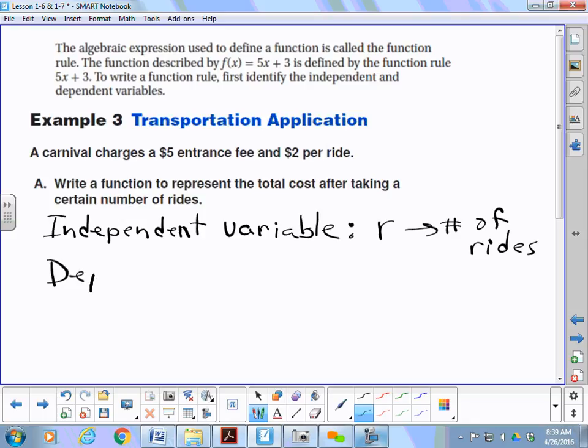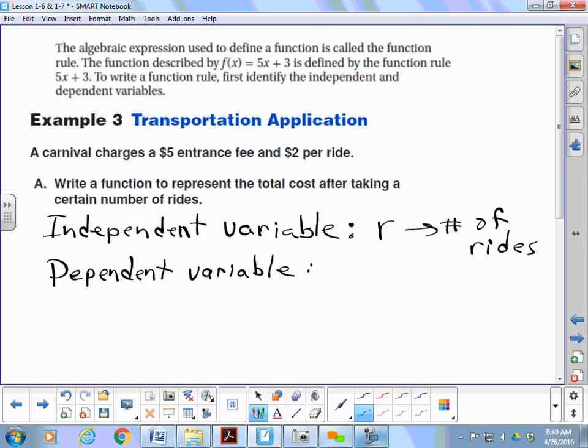Now, our dependent variable is going to be what, Mr. Vickery? What's the dependent variable then?